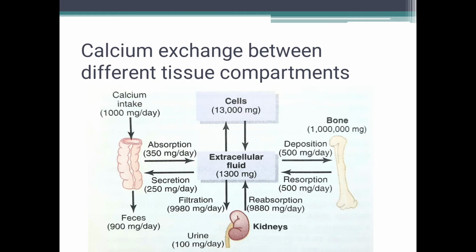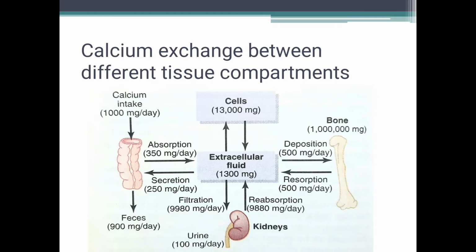So almost no calcium is lost in the urine. And this portion of the reabsorption is controlled by PTH, the parathyroid hormone. So the parathyroid hormone controls the amount of calcium reabsorbed in the late distal tubule and the early collecting duct.